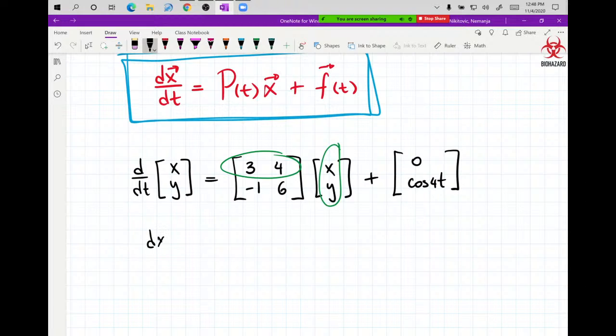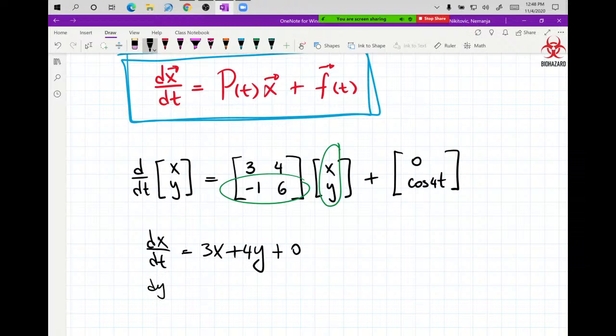That's dx/dt is equal to 3x plus 4y plus this big fat 0. Then I'm going to put x, y on this row, and I'm going to get for the bottom row dy/dt is equal to negative x plus 6y plus cosine 4t.